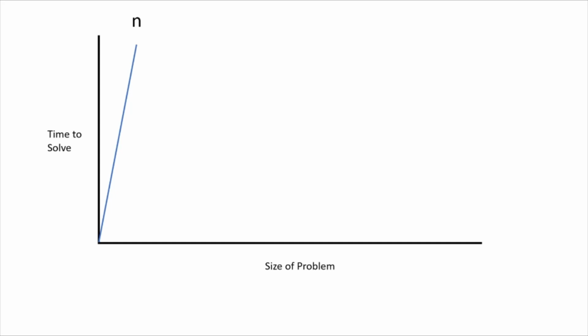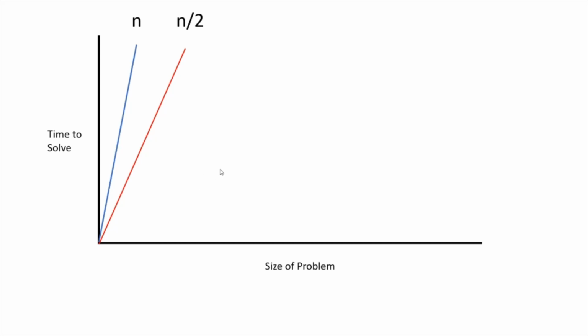Similarly, that second algorithm, yes, it's twice as fast, but again, it's a linear algorithm, and we can represent it with a straight line too. Because this one is twice as fast, we can represent this one as n divided by 2. Because again, if n is 1,000 pages, this algorithm will take 500 steps, or n divided by 2 steps.